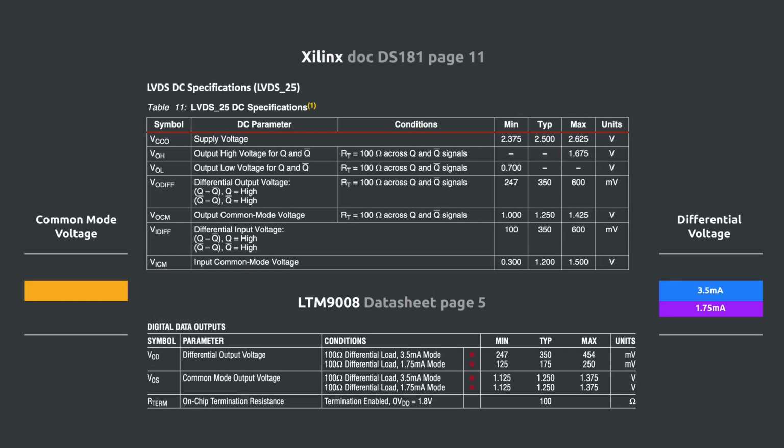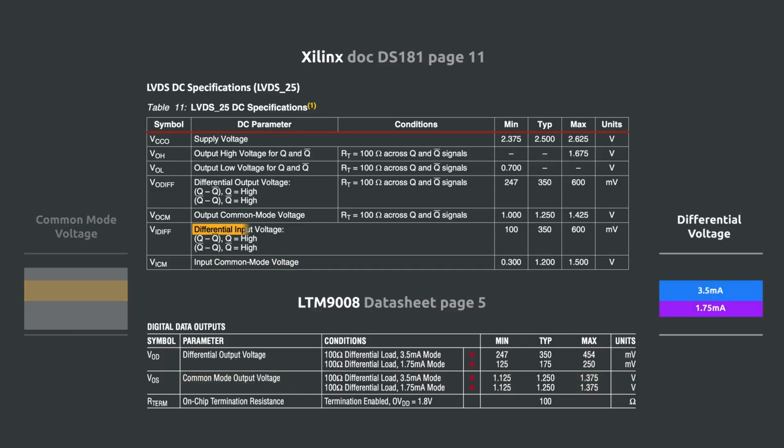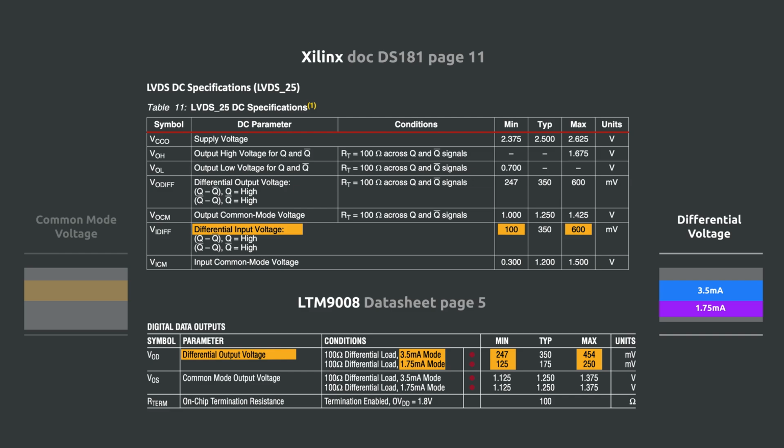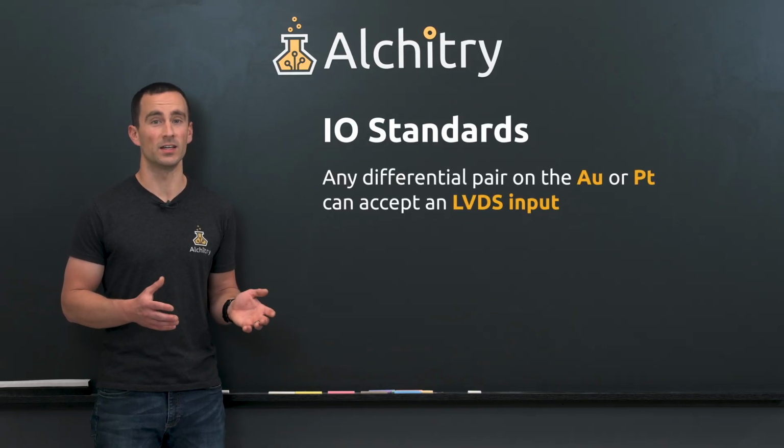Looking at the Xilinx datasheet, we can see that we need the common mode voltage to fall between 0.3 and 1.5 volts, so we're good there. The differential voltage needs to fall somewhere between 100 and 600 millivolts, so we're also good for both modes of the ADC as well. However, the 3.5 milliamp mode would give more margin, so it would probably be a better choice. Any differential pair on the AU or PT can accept an LVDS input.